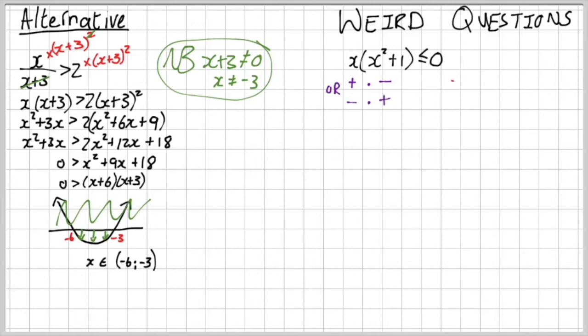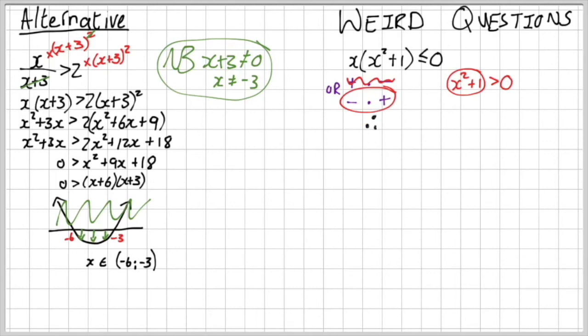But now something interesting happens because x squared plus 1 is always bigger than 0. Therefore, my first option of a plus times a minus is completely not possible because the bracket is always positive.